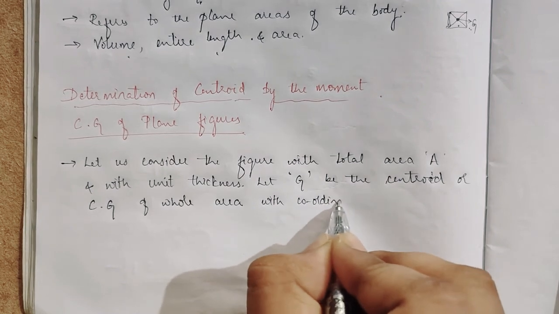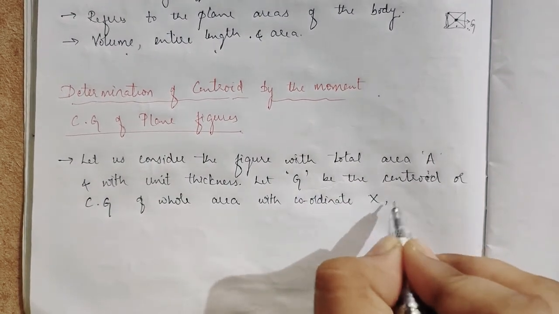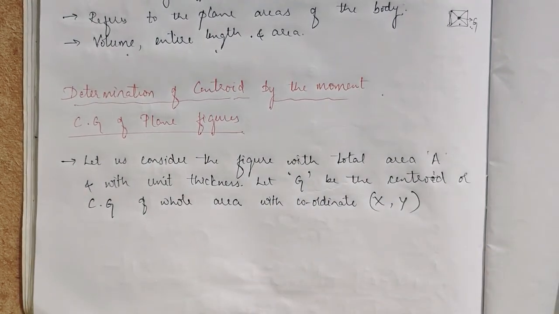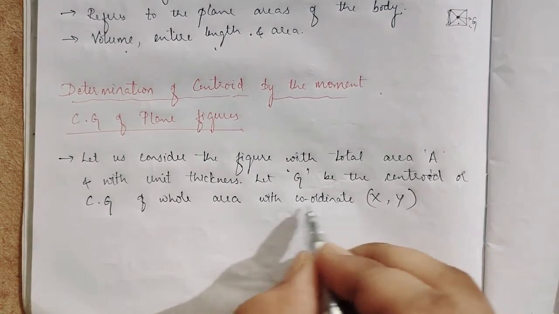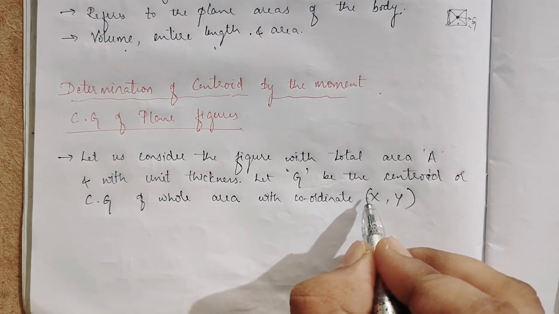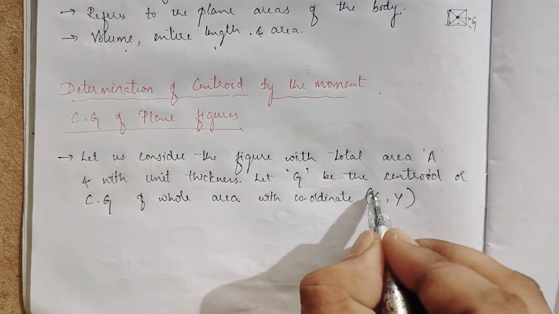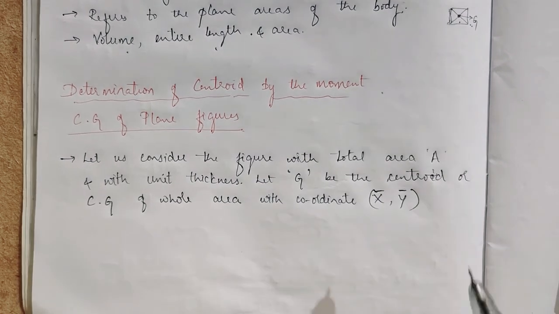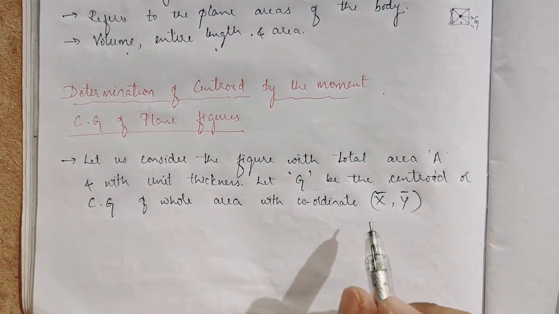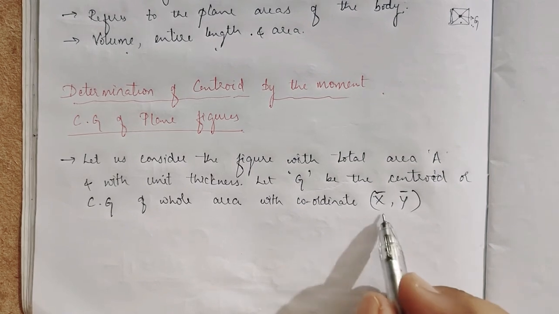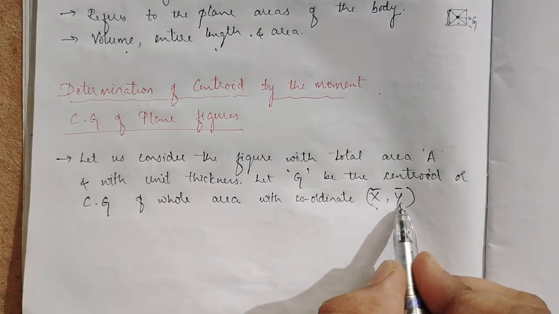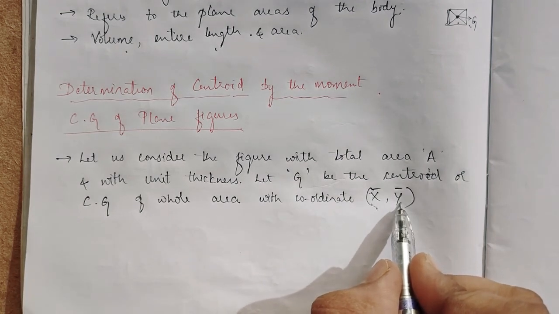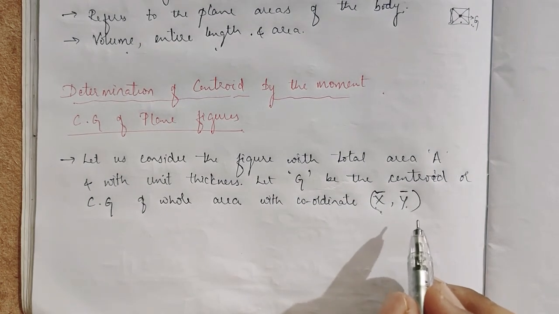So these are the coordinates, that is, the distances being measured. Let this be x bar and this be y bar. This is the distance of the centroid from the y axis, and this y bar is the distance from the x axis. When I write it in the diagram, you will clearly know.